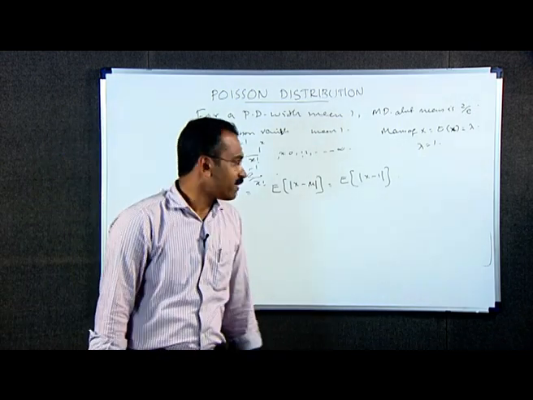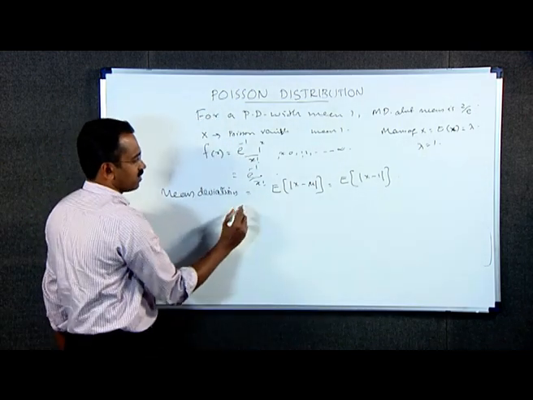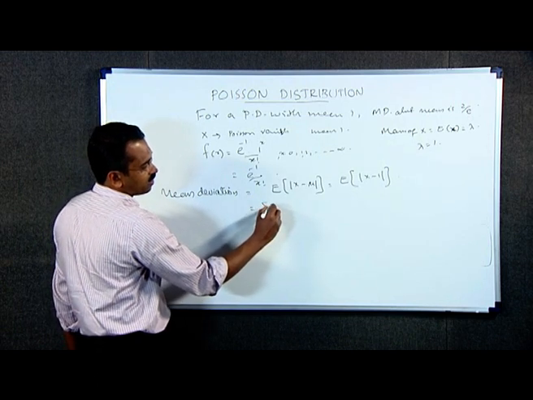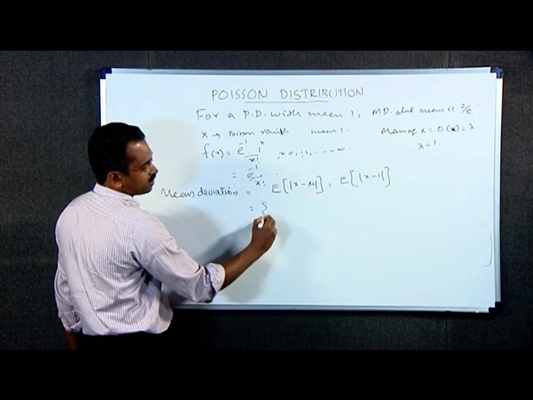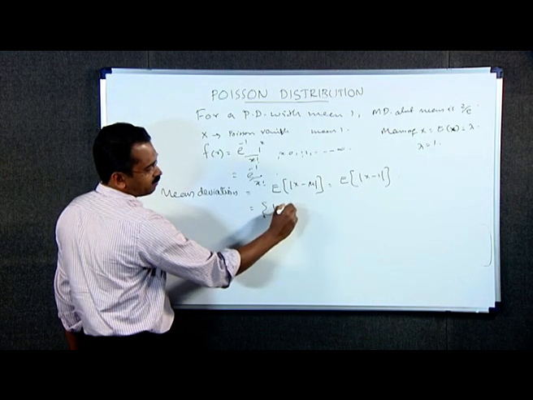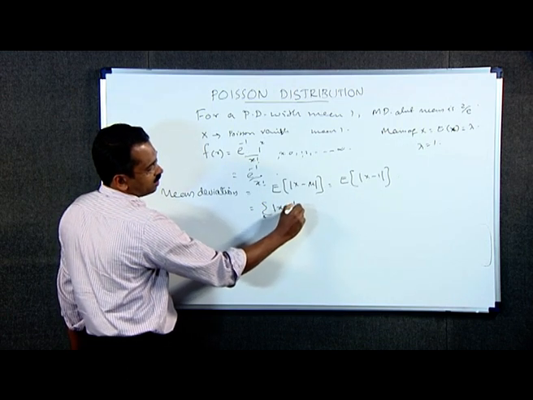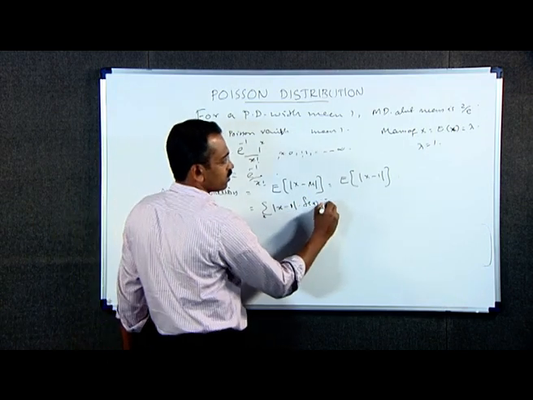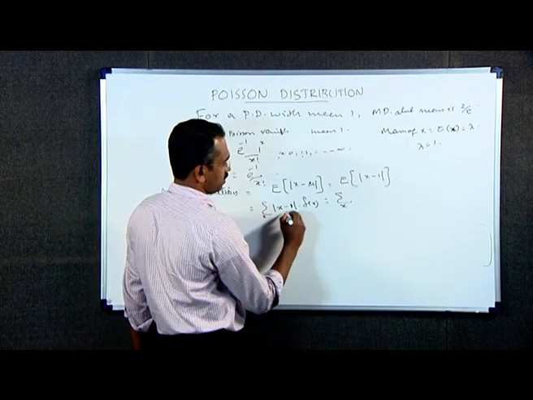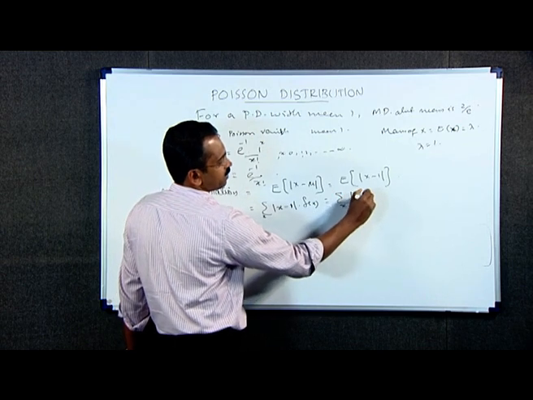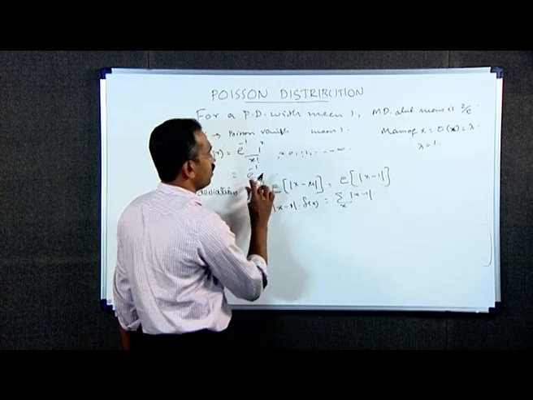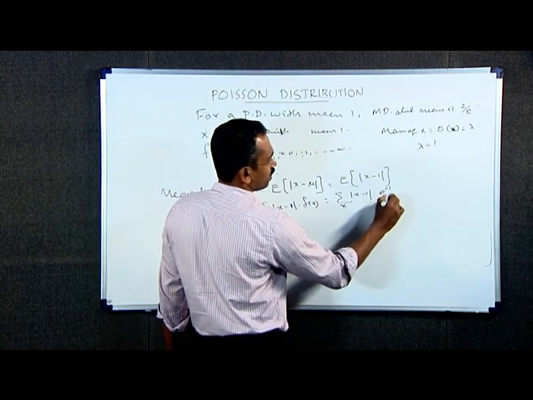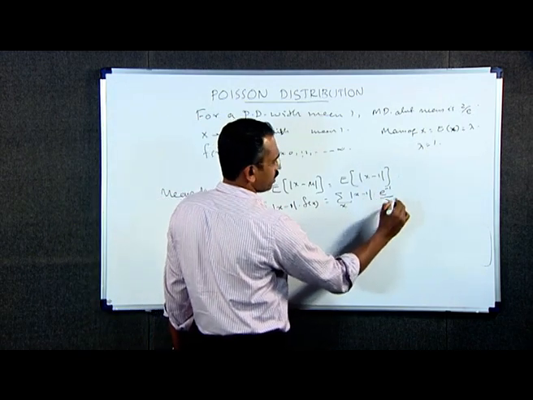By the definition of expectation, we can write this as summation over all x modulus of x minus 1 into f of x, that is equal to summation over all x modulus of x minus 1 into f of x, which is here e raised to minus 1 divided by x factorial.